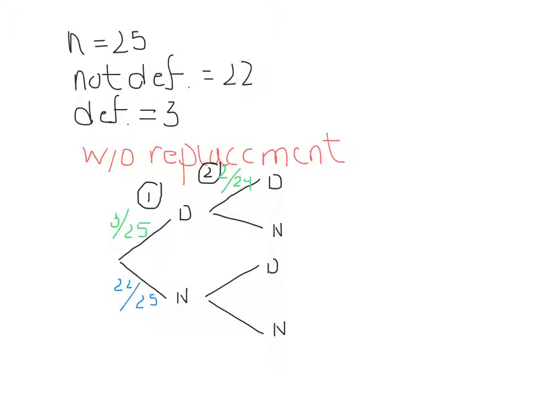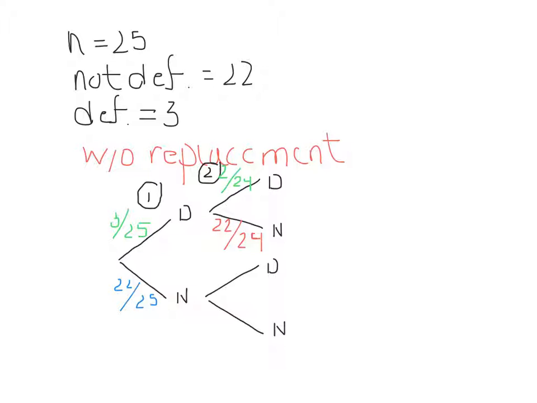That means the remaining 22 are not defective, which makes sense. I started with 22 parts that were not defective. I did not remove any non-defective parts from the box, and therefore I still have 22 parts that are not defective. So the probability the second part is not defective is 22 out of 24.